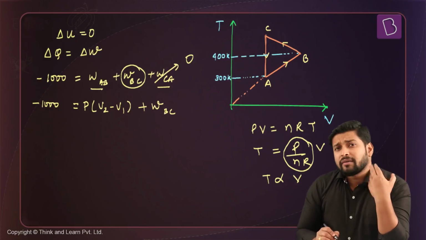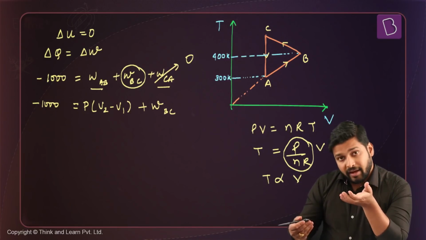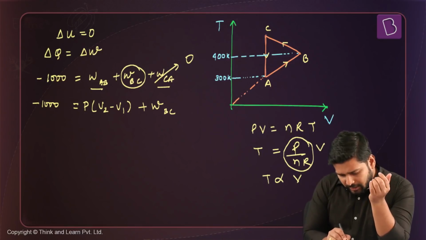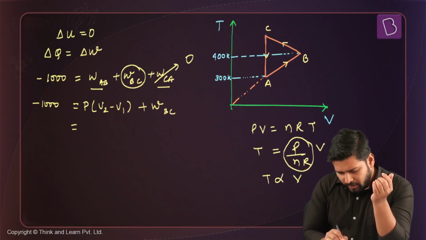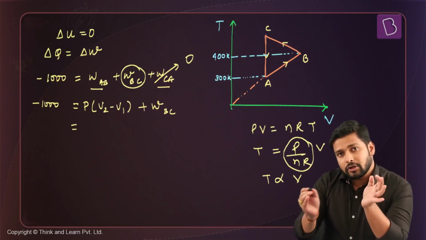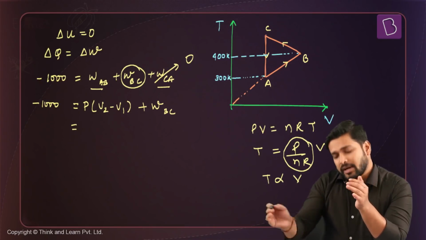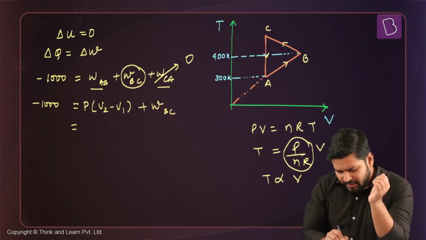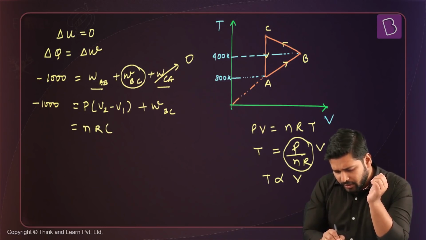But I don't have the values of volume. What I have is the values of the temperature. So this same expression can be written as PV is equal to nRT. So I can write PV2 is equal to nRT2 and PV1 is equal to nRT1. So I can write directly nR(T2 minus T1), right?